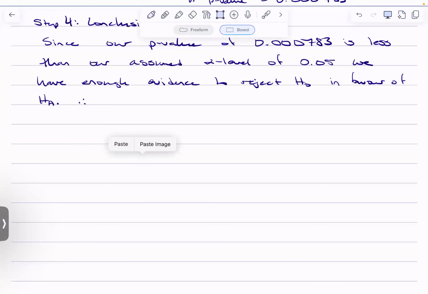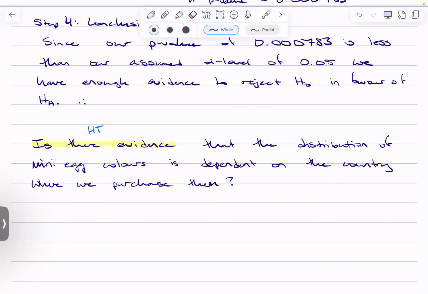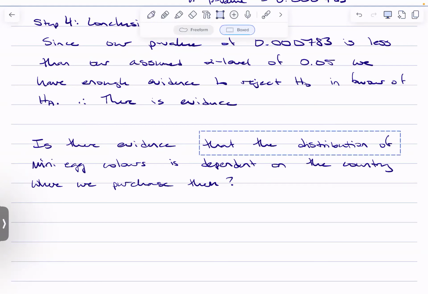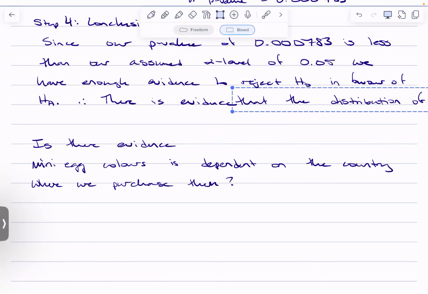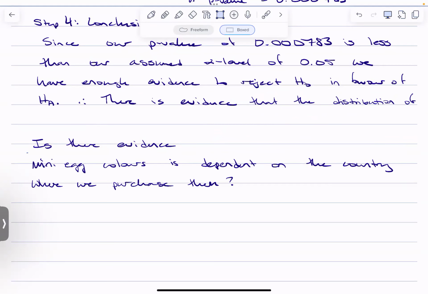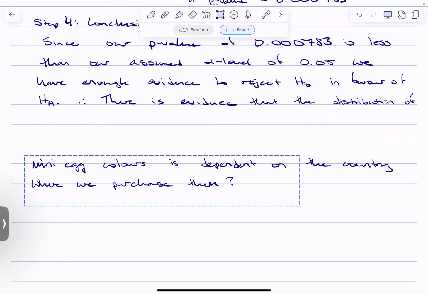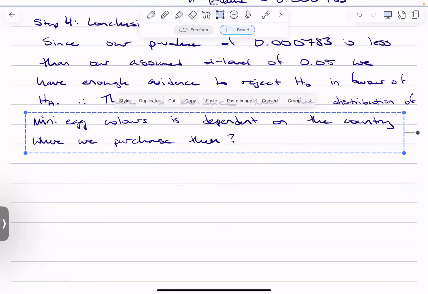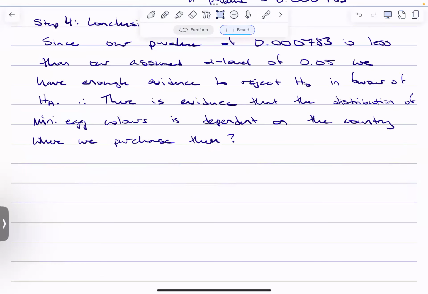Therefore, this up here, there is evidence that the distribution of mini egg colors is dependent on the country where we purchase them, period.